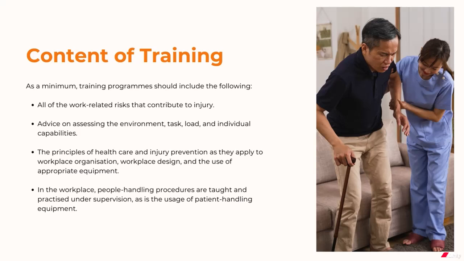The principles of health care and injury prevention as they apply to workplace organization, workplace design, and the use of appropriate equipment. In the workplace, people handling procedures are taught and practiced under supervision, as is the usage of patient handling equipment.